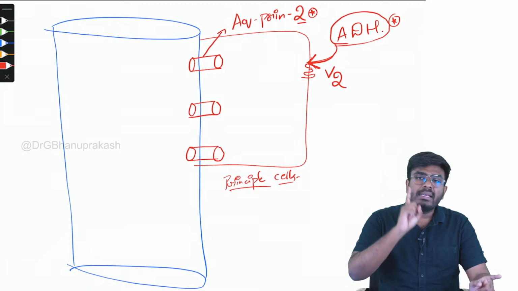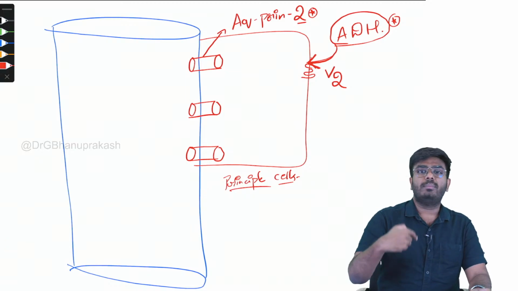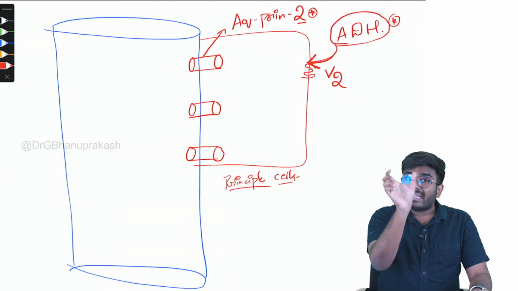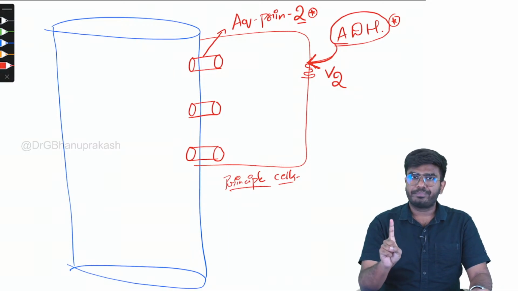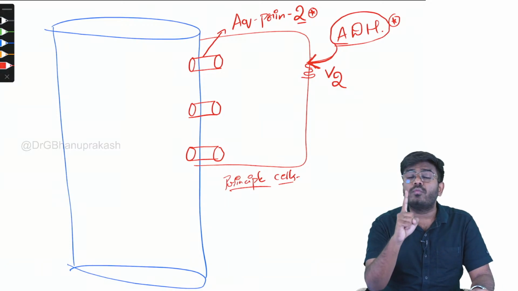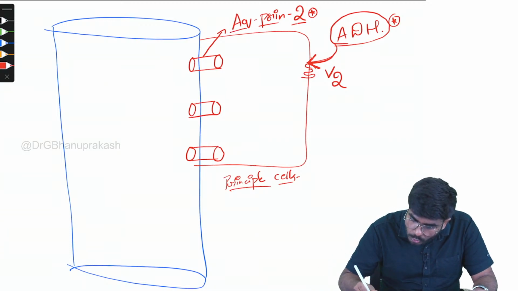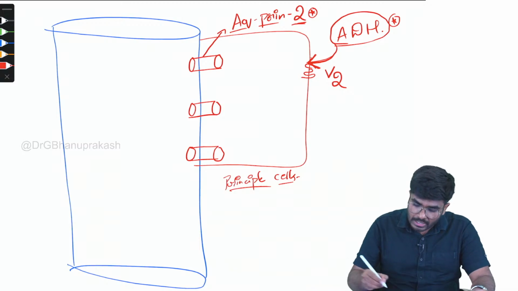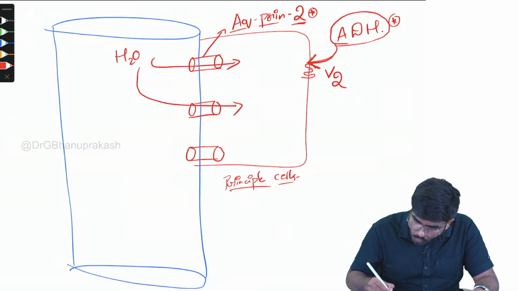Remember, in collecting ducts, water reabsorption will not happen. Normally, in you and me, the collecting ducts are impermeable to water. No water reabsorption is happening. Only under the influence of antidiuretic hormone are these aquaporin 2 channels produced. Now these aquaporin 2 channels will start to reabsorb water.